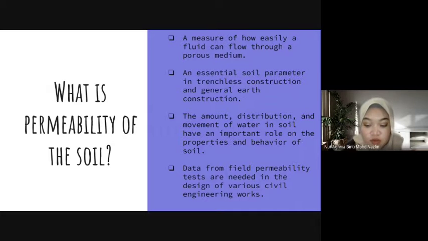The engineer should know the principles of fluid flow, as groundwater conditions are frequently encountered on construction projects. And lastly, data from field permeability tests are needed in the design of various civil engineering works, for example, cut-off wall design of earth dams.